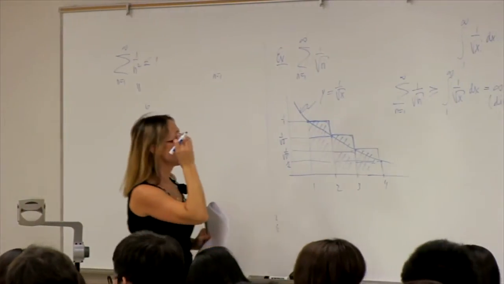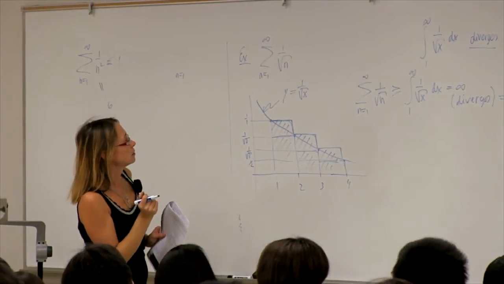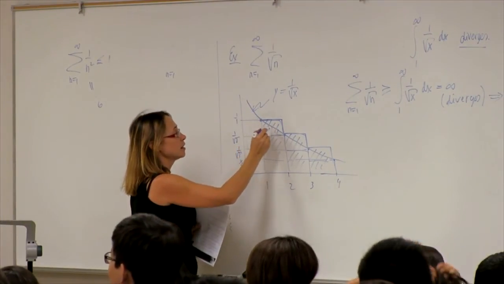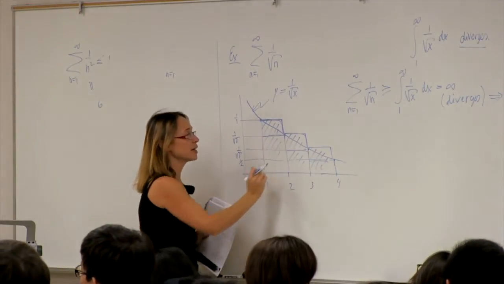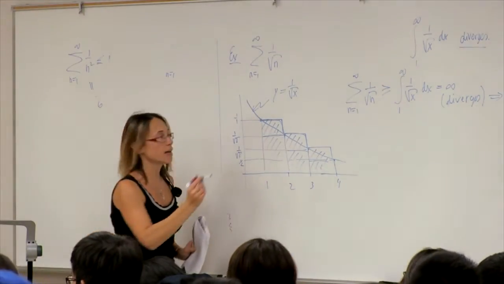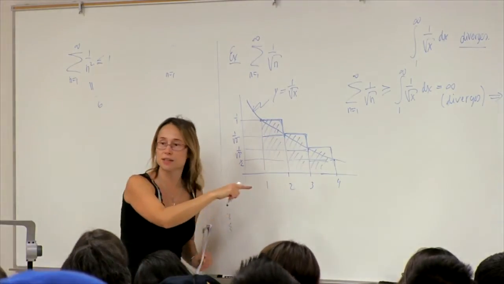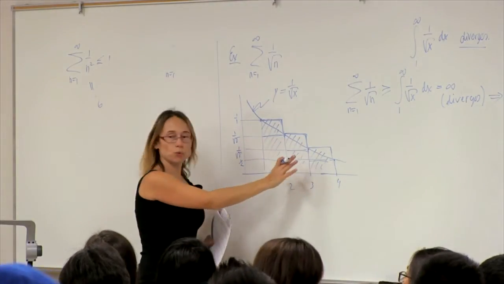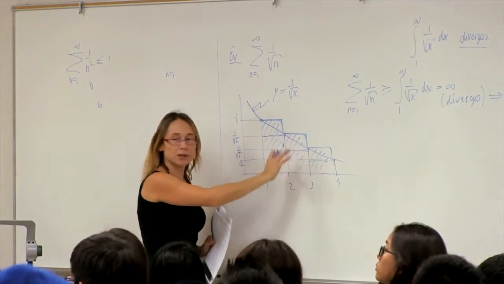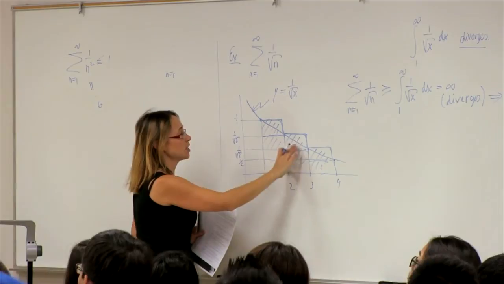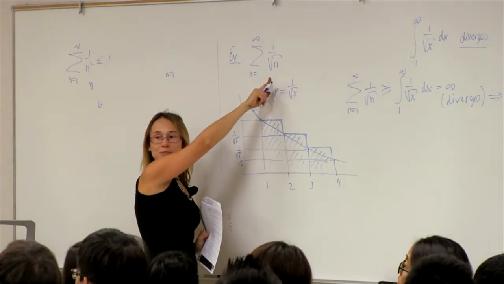How can you state that the summation is bigger than the integral? So here we look at the area of the rectangles that are shaded. Okay? So clearly by construction, each of the rectangles contains the curve inside. So on one hand, we see that the shaded area is greater than the area under the curve. On the other hand, we notice that the shaded area is equal to this.